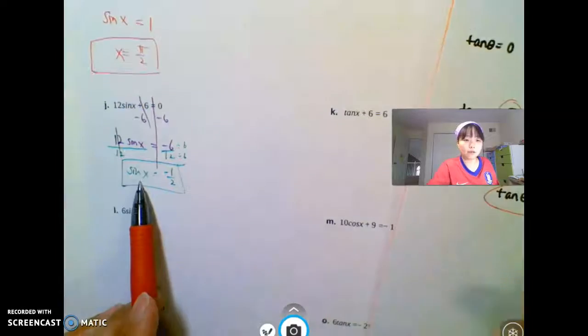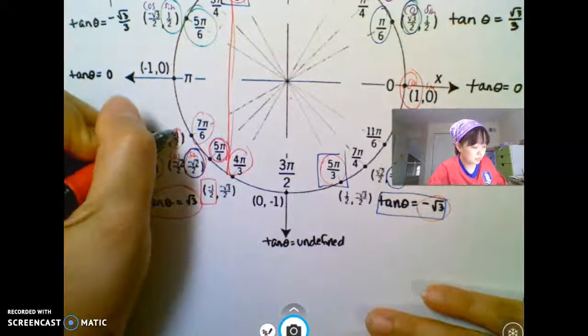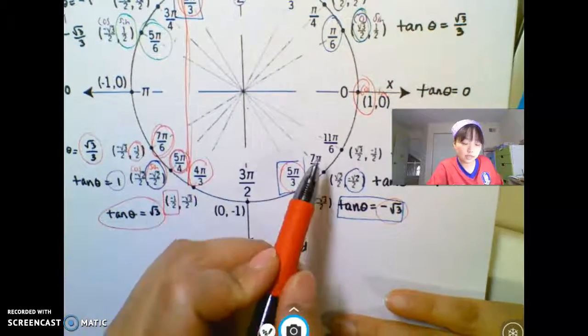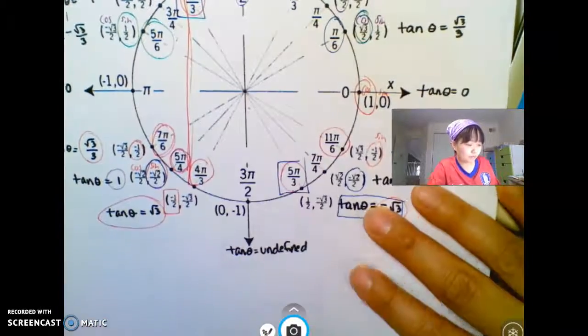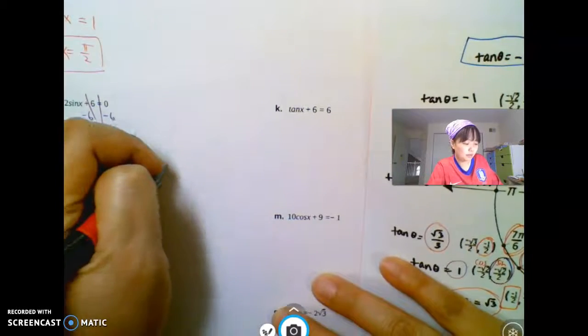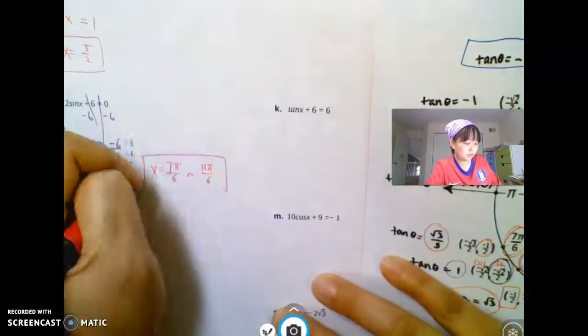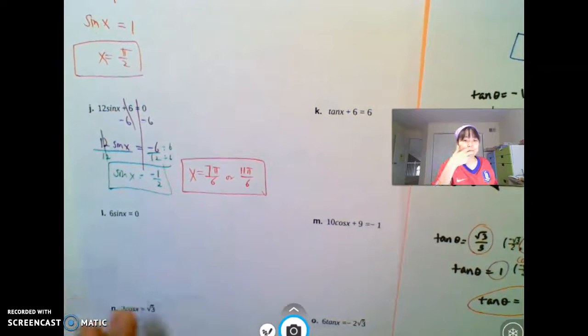Sine is the y value. Look for negative 1/2. So 7 pi over 6, and this, negative 1/2 for the sine, right there, 11 pi over 6. So we have 7 pi over 6 or 11 pi over 6. I'm sorry, I didn't mean to box the sine part. Cool?